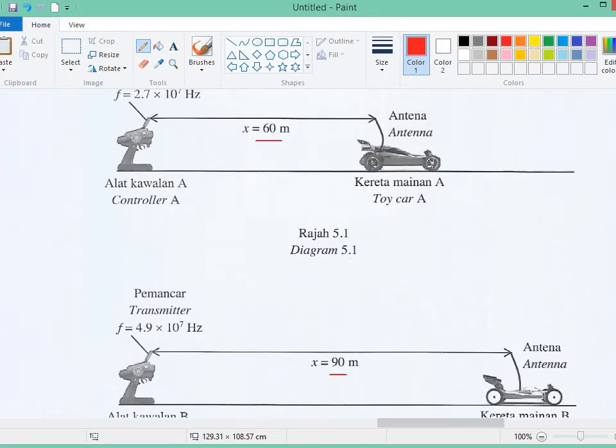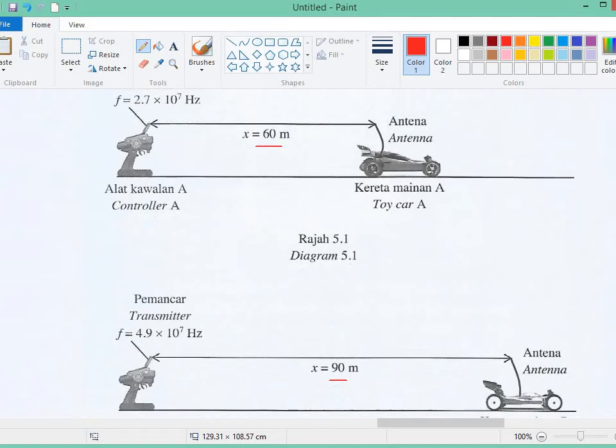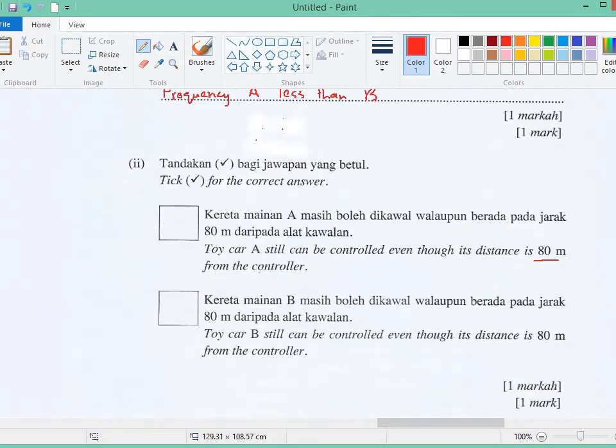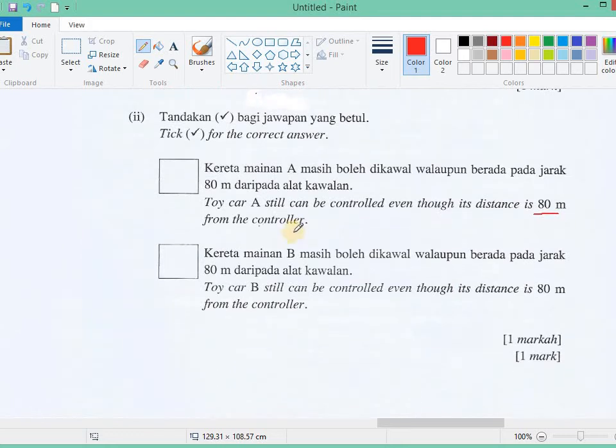So controller A only can reach 60 meters. Controller B can reach 90 meters. So A is wrong, A cannot be controlled when the distance is 80. B still can control even though distance is 80. Then this one is correct.